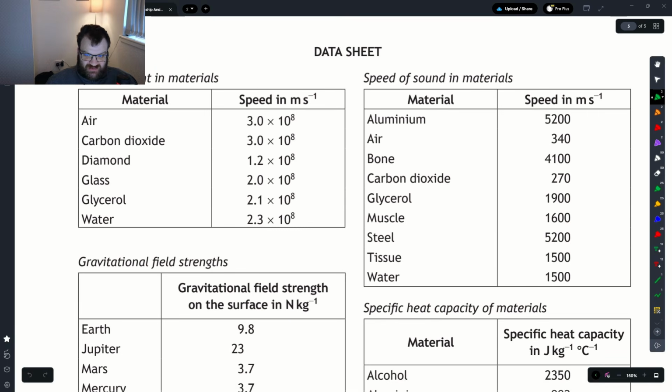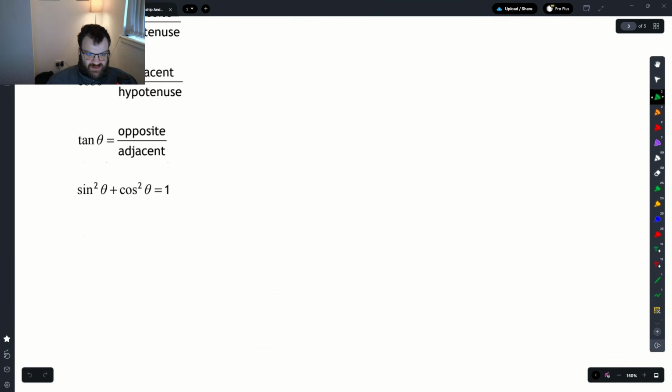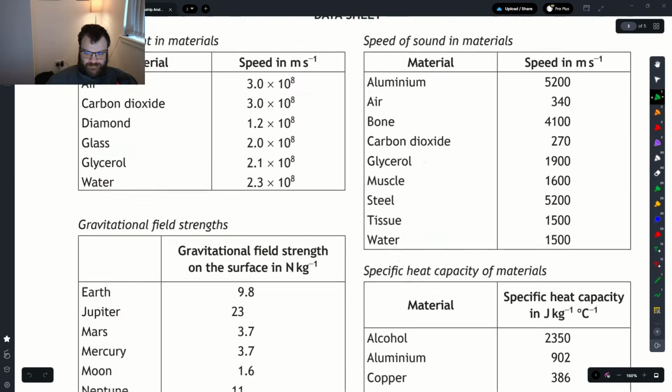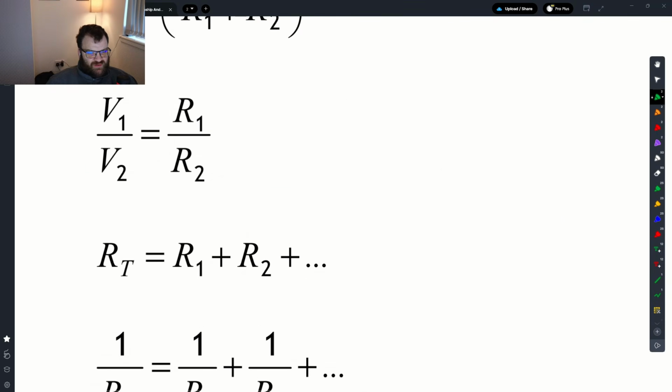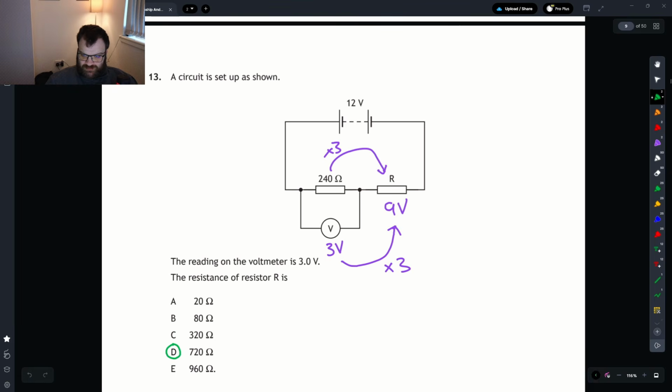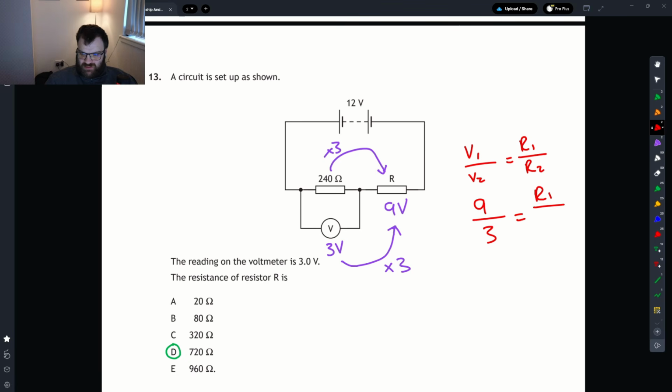If we're using a relationship, the relationship that could help us is this one here: V1 over V2 equals R1 over R2. I'm going to make R1 the one we're trying to work out. So 9 across that. So 9 over 3 equals R1 over 240. Change it around to get R1.